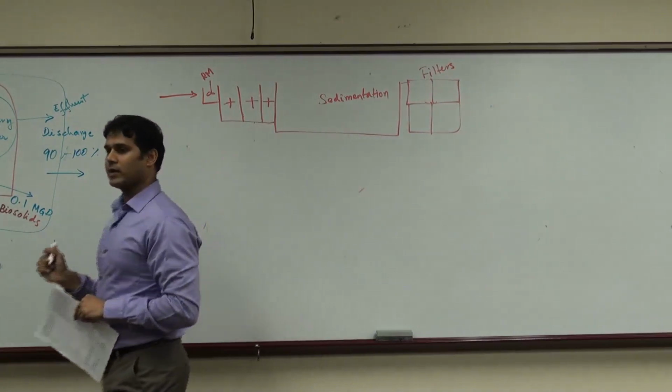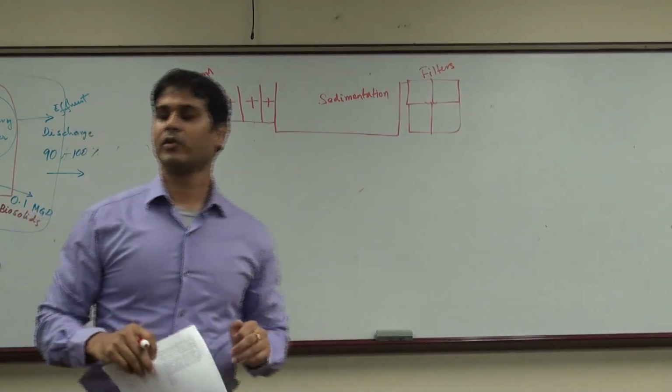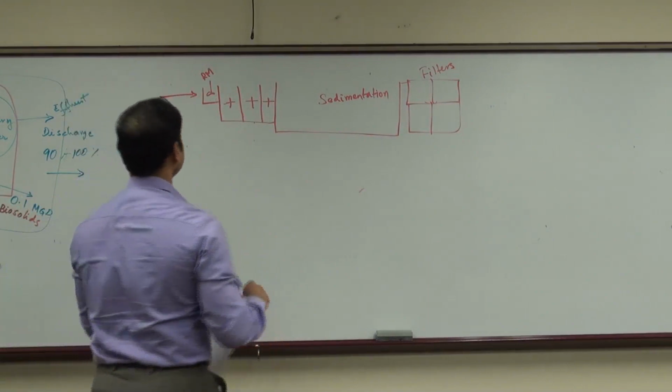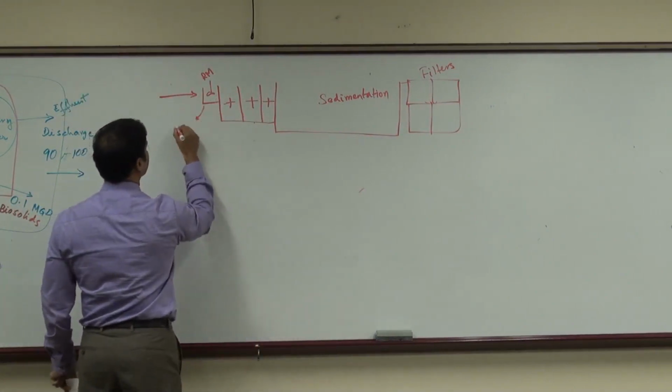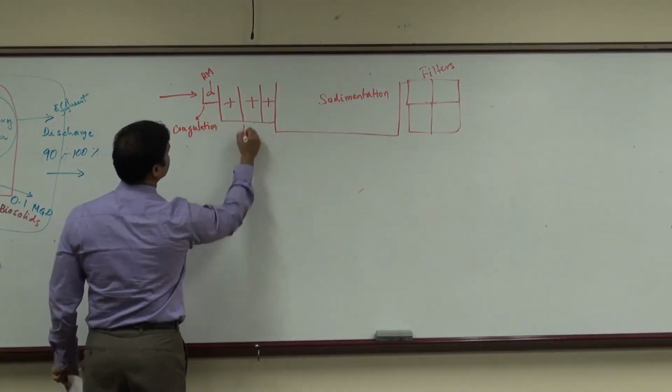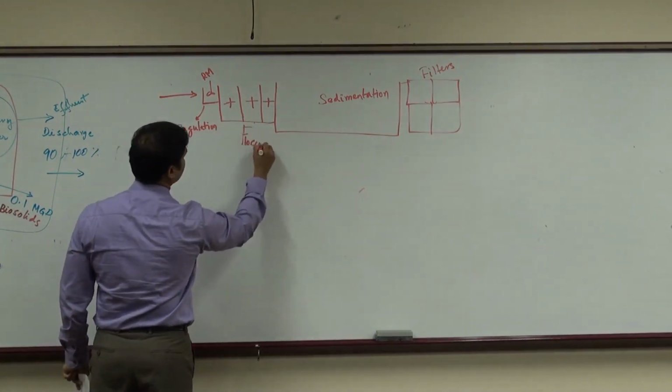That's right, rapid mix basin is also called coagulation process, right? This is flocculation.